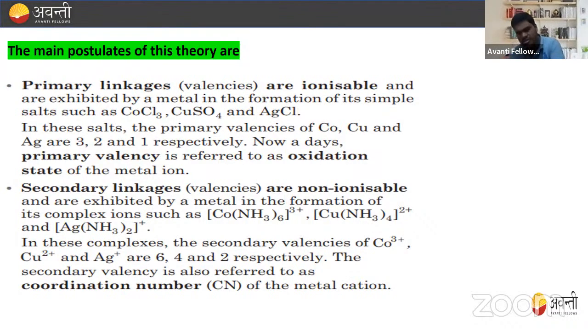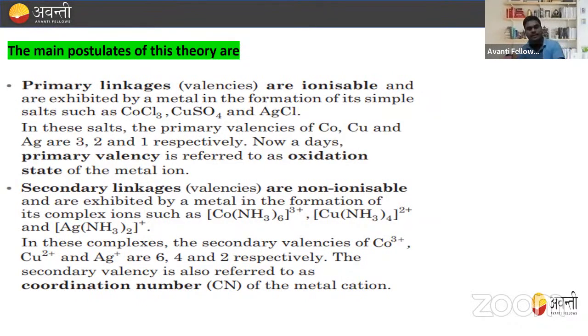According to Werner's theory, the complexes follow two types of valency: one is primary and one is secondary. Primary valency is equivalent to the oxidation state of the metal ion. Similarly, the secondary linkage, or valency, is non-ionizable and is exhibited by the metal in the formation of complex ions such as [Co(NH3)6]3+, [Cu(NH3)4]2+, and [Ag(NH3)2]+, right?